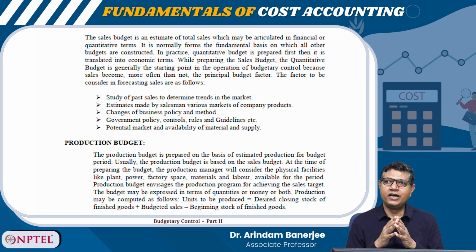Do they have adequate capacity to produce? If they don't, what is the way out? Is there any possibility to outsource, or to increase the production volume? In both cases it requires some additional capital, which the finance team needs to take care of. But this estimation is essential.